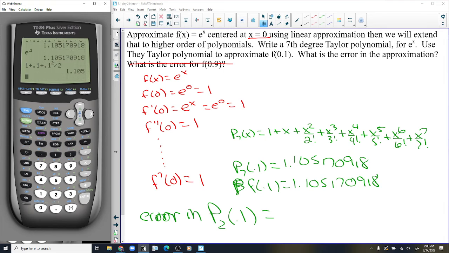So there's the approximation. And if I go minus, this might end up being negative, but I don't care about that. There's the error. So the error in that is 0.000170918.